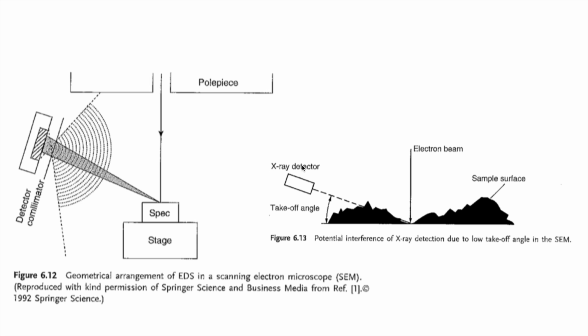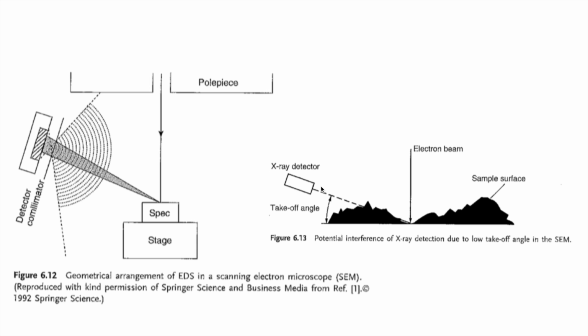So rough surfaces definitely interfere with the collection of X-rays. One way to solve this would obviously be to get a flatter surface. The other way is, again, to rotate the sample surface. If you rotate it such that this angle is higher, then more of those X-rays are going to tend to get to the detector.